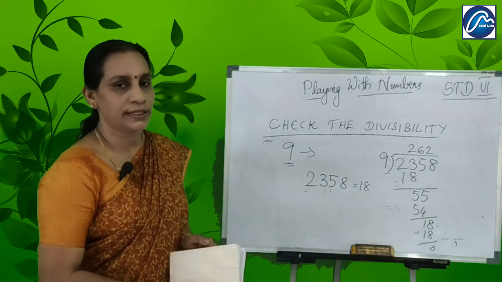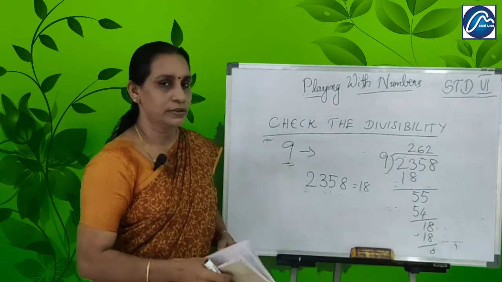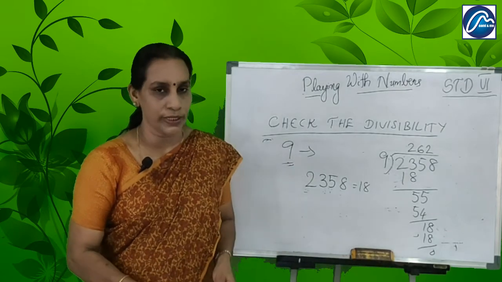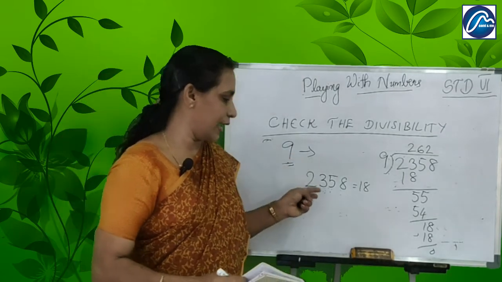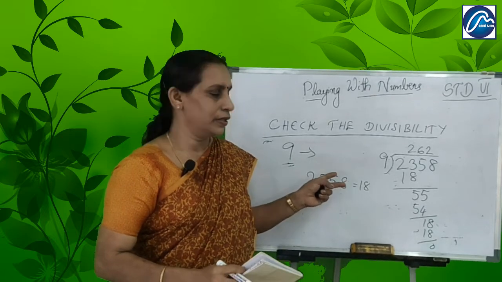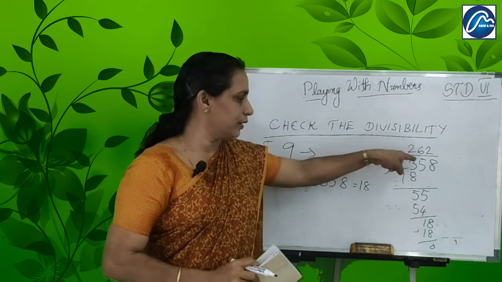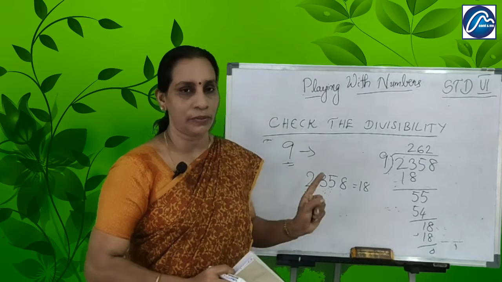Okay, it is exactly divisible by 9. So, we have proved that for 9, when you add the digits of a number, you get a multiple of 9, then the number is exactly divisible by 9.